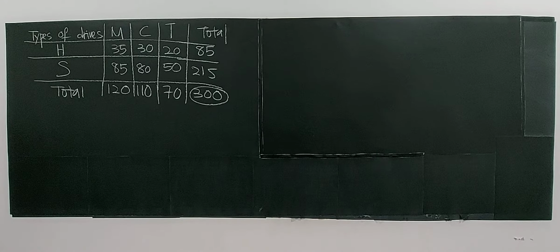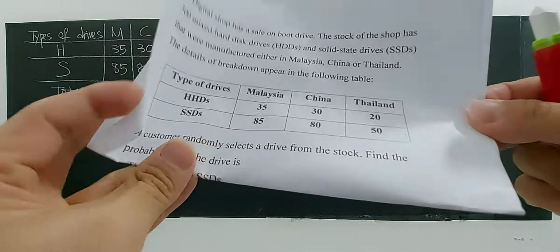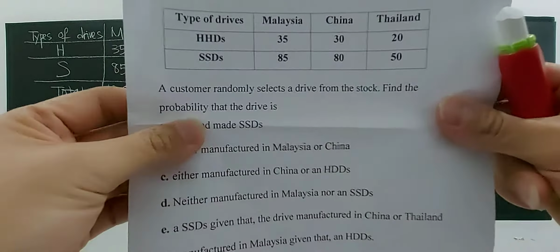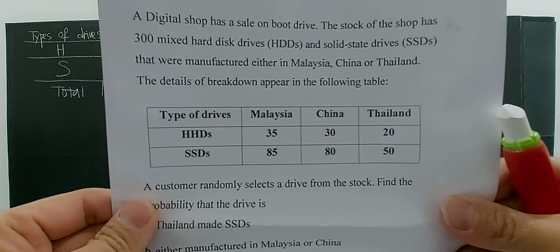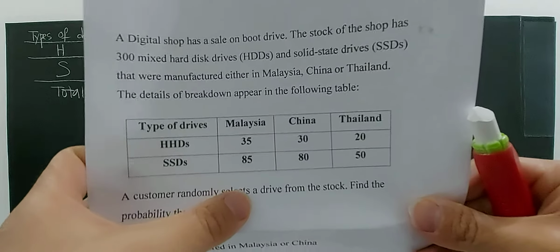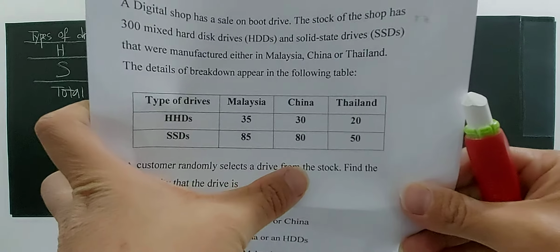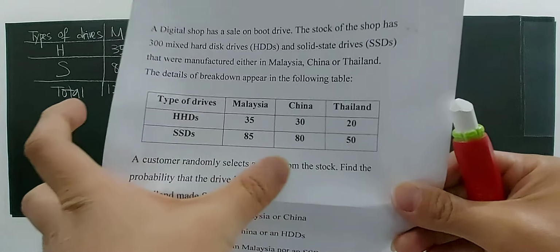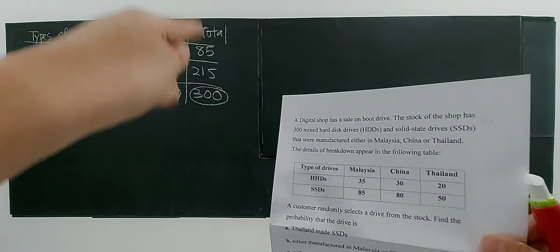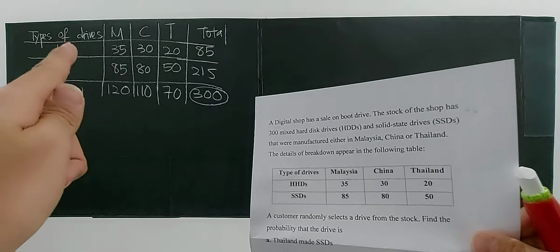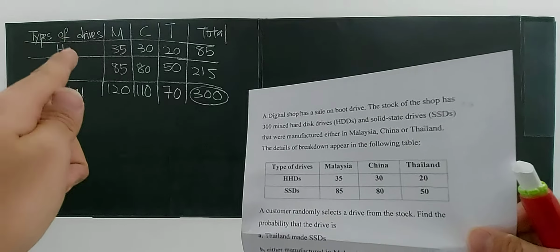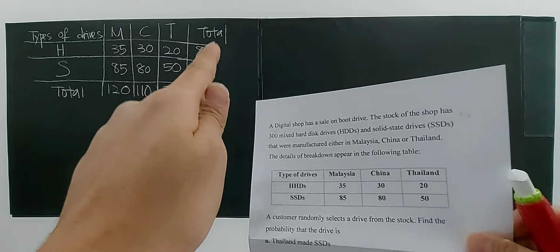So later on, look at the question, and only then you start answering the question. Very simple. A customer randomly selects a drive, only one drive from the stock, from the 300. Total up everything here: total HDD, hard disk drive, you have 85.